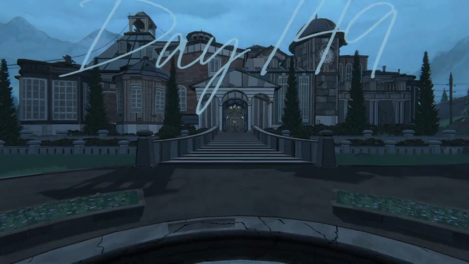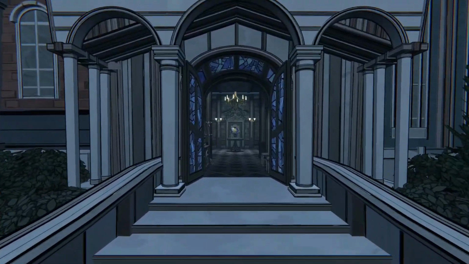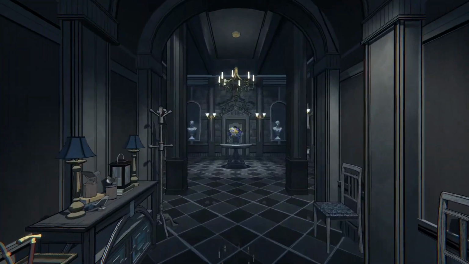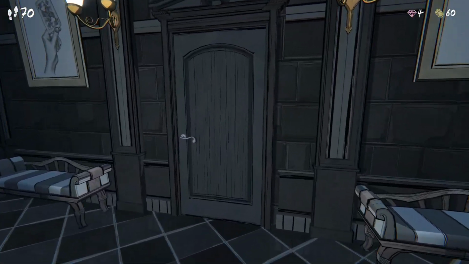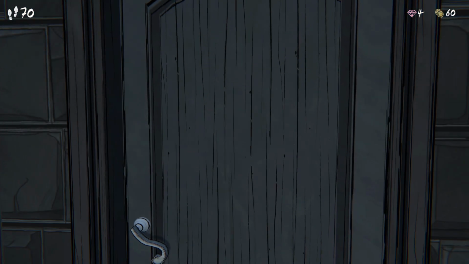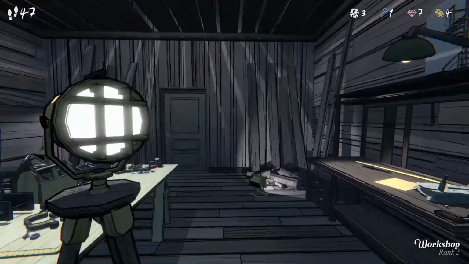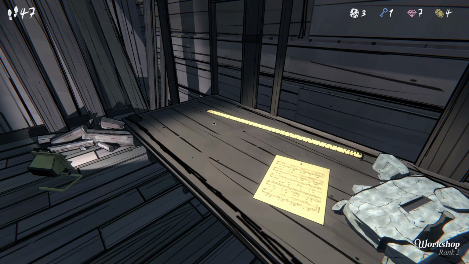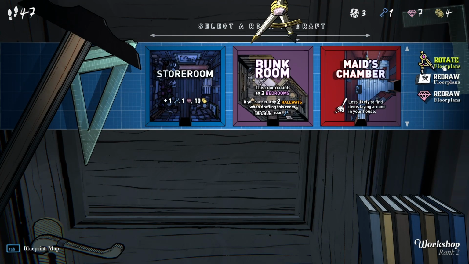Okay, let's go with day 149. My god, I love this game. It's just so much fun. A workshop, I do need that for when I get the items I want. Magnifying glass and metal detector.